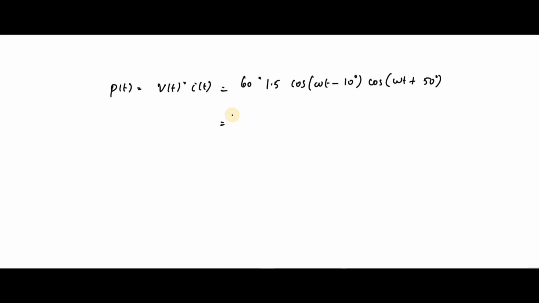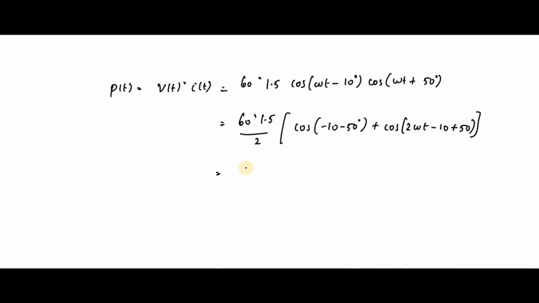So this is equal to 60 into 1.5 divided by 2 into cos of minus 10 minus 50 degree plus cos of 2 omega t minus 10 plus 50 degree.